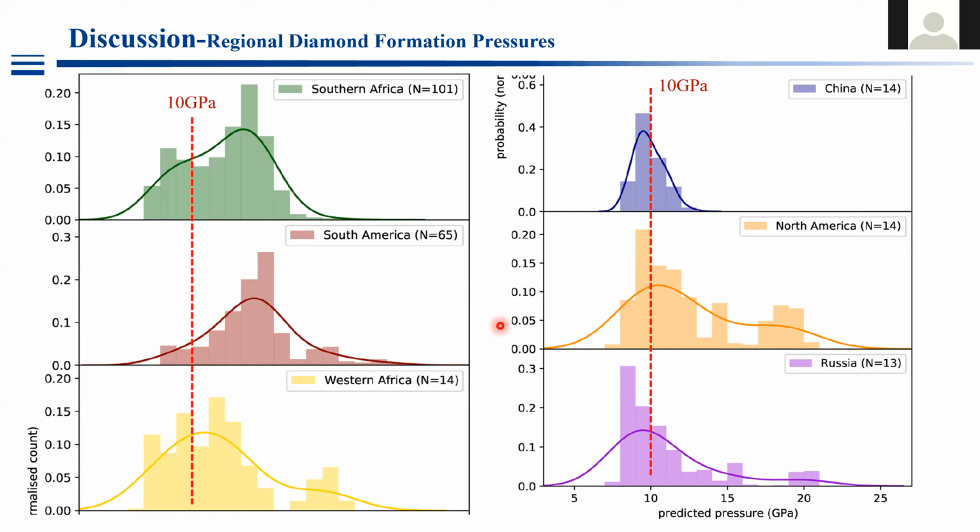But the lithosphere does not always reach 300 kilometers. That's too deep. And then here's another peak at about 17 GPa, right? For Southern Africa and South America, the second peak, I think.